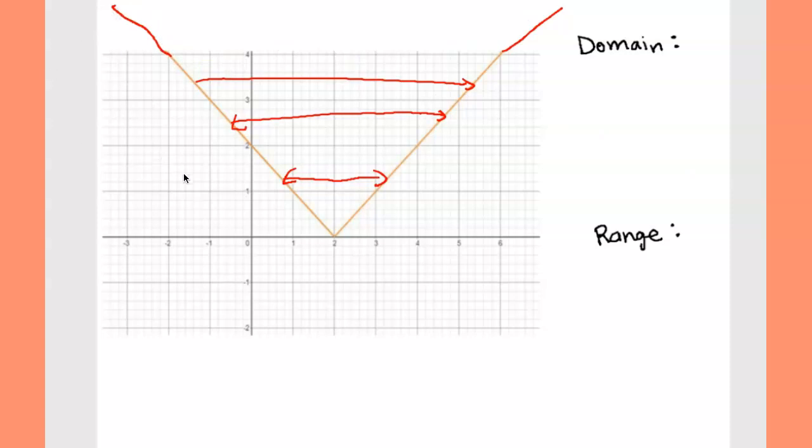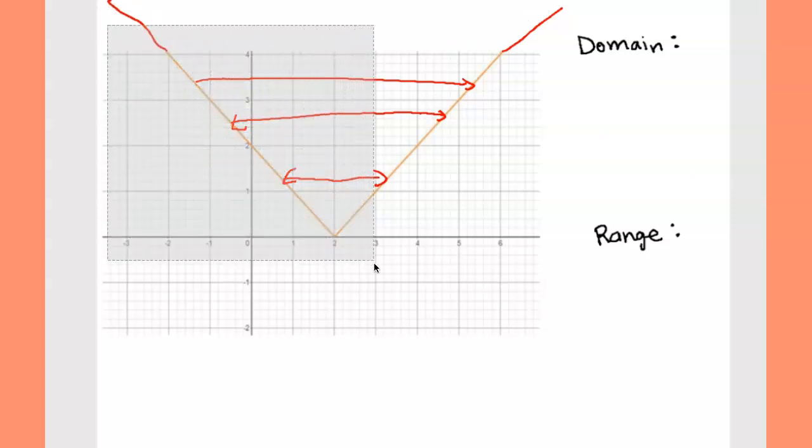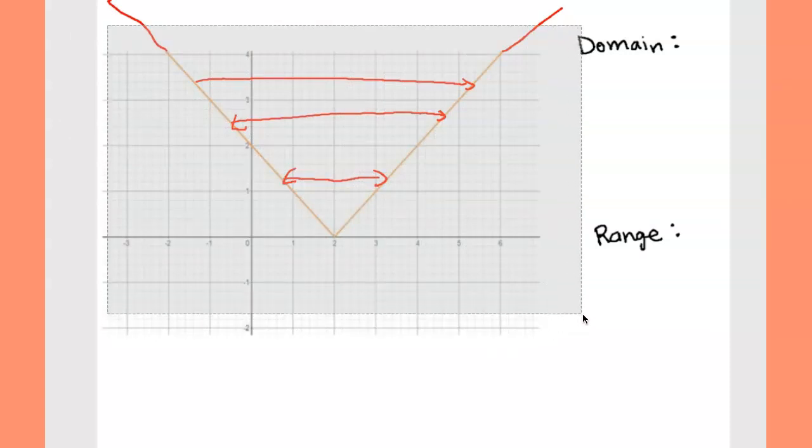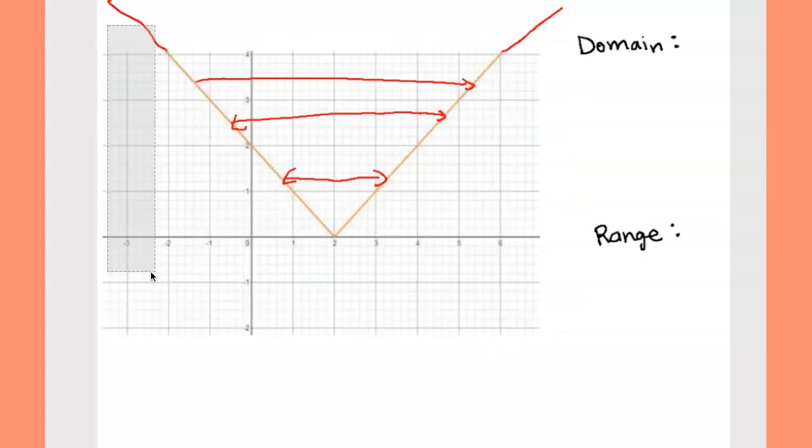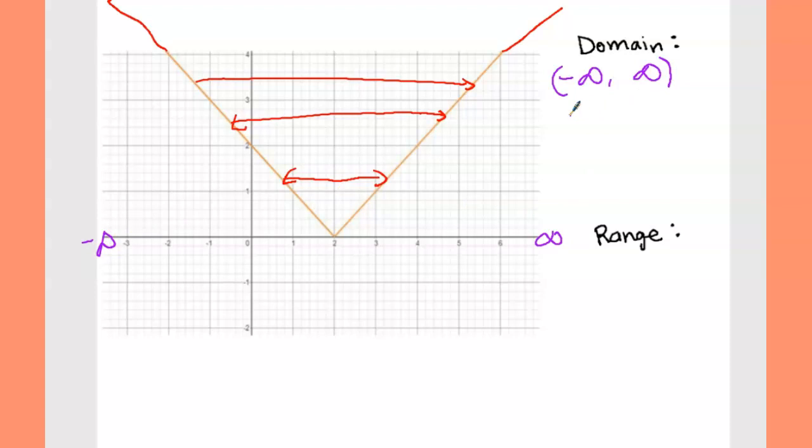So as we scan, you see you'll be touching it all the time on the horizontals, where the x-axis is. So here too, we could say that it's from negative infinity to positive infinity. Okay, this is a negative side and this is a positive side.